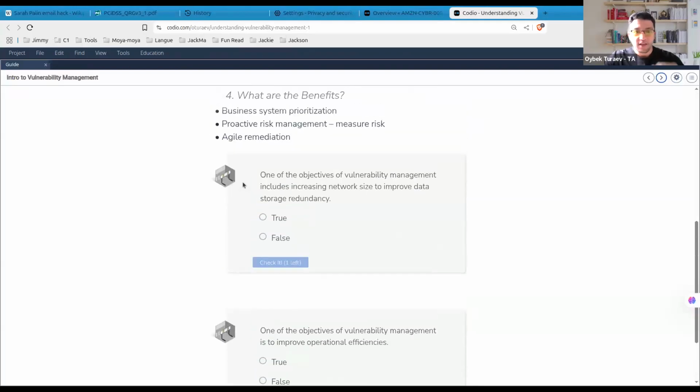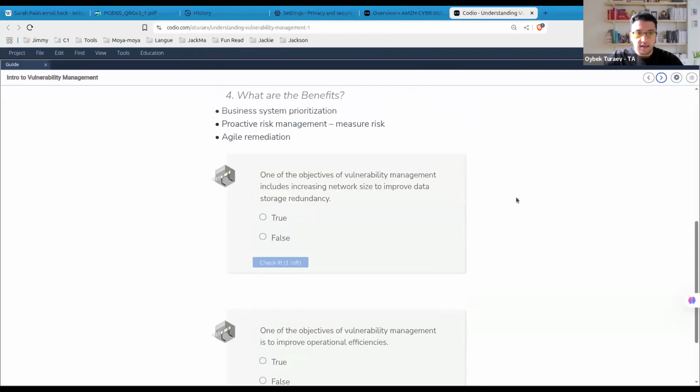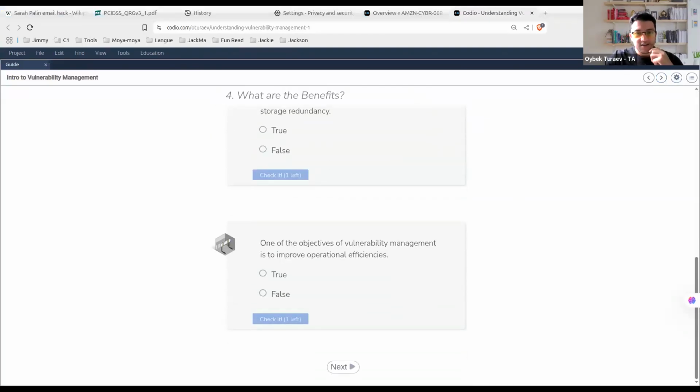Let's take a look at this question. One of the objectives of vulnerability management includes increasing network size to improve data storage redundancy. Do we use vulnerability management for redundancy purposes or not? What do you think?